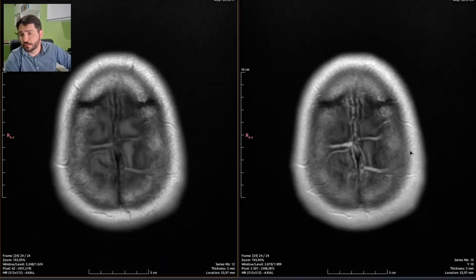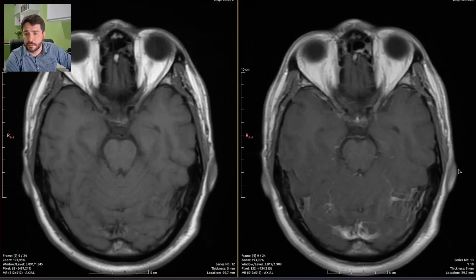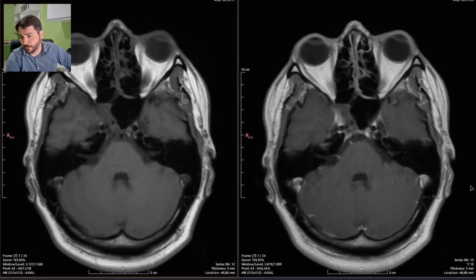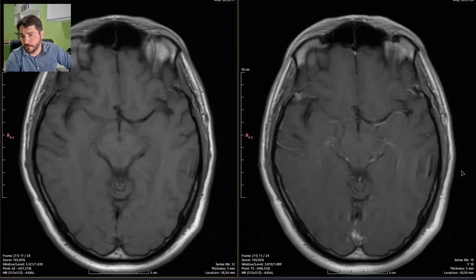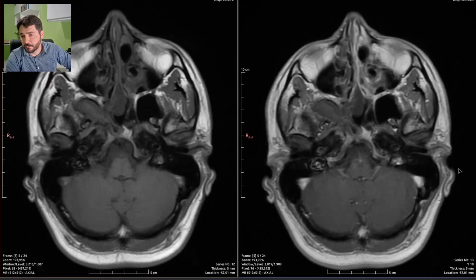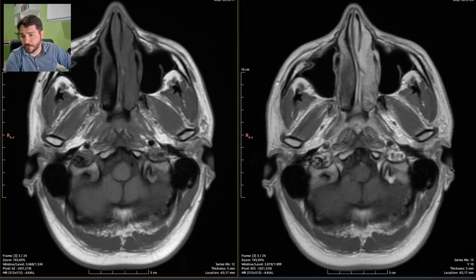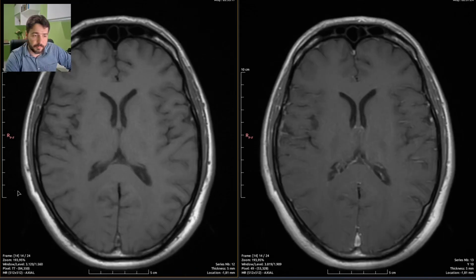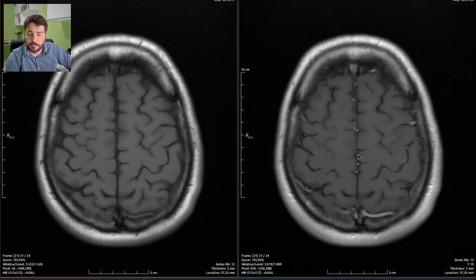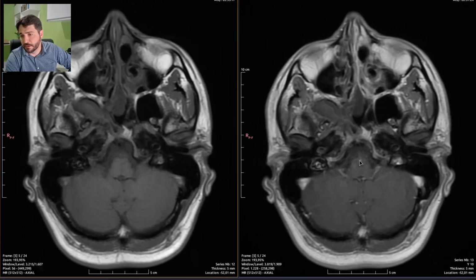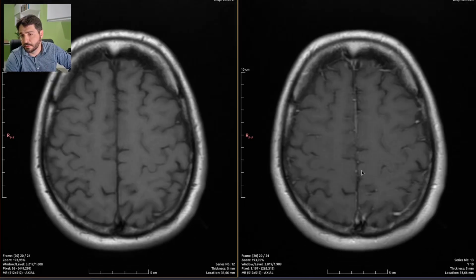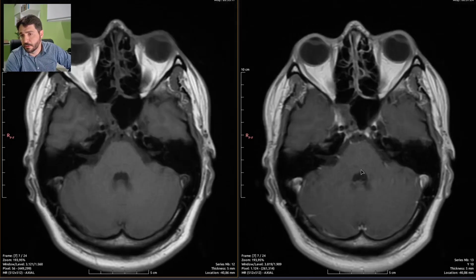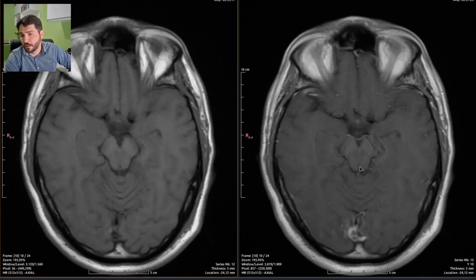No anomalous contrast enhancement on this axial pre and post contrast phases. So no signs of tumor, nor thrombosis, nor infection, no thickening of the meninges.